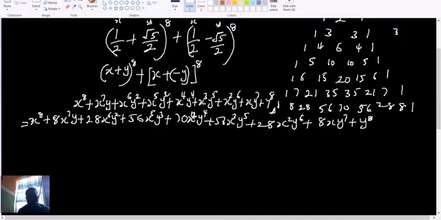In this one, what I want you to know is that for the y that has a negative, because of the presence of this negative, if you have minus y raised to power 1, it is going to be minus y.